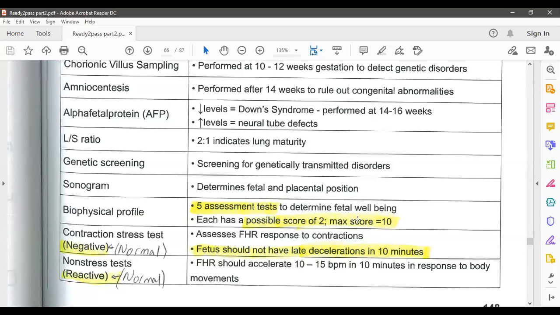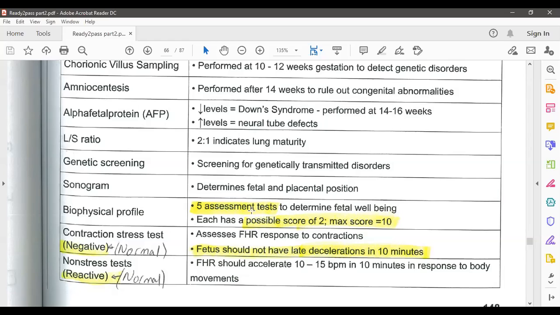So the fetus usually gets 0 or 2 for each of the areas. A score of 8 to 10 is a normal score. A score of less than 8 indicates fetal asphyxia.